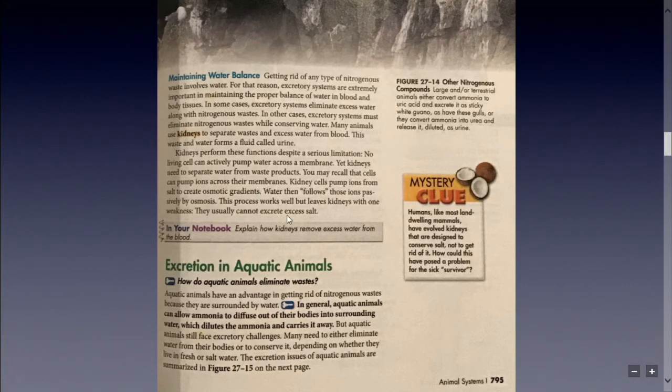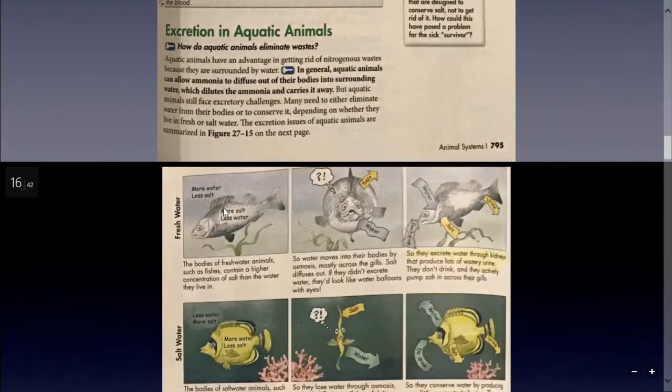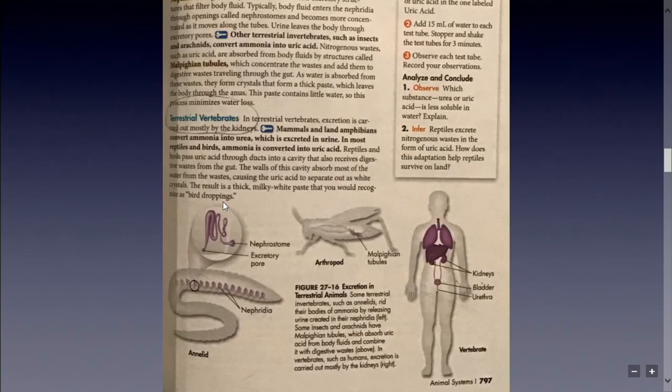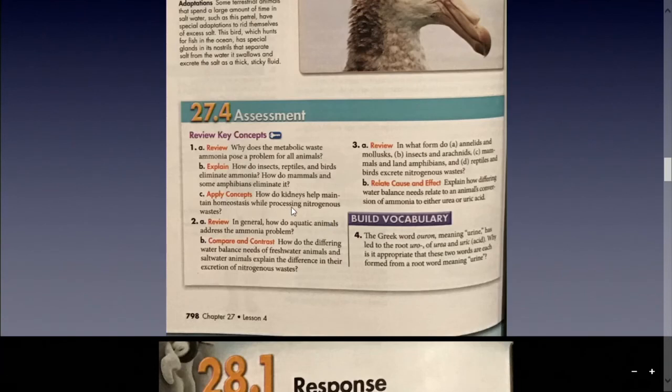So they don't really excrete salt. The process works well, but leaves kidneys with one weakness. They usually cannot excrete excess salt. So how do kidneys help maintain homeostasis while processing nitrogenous waste? By actively pumping salt first, then the water would follow.